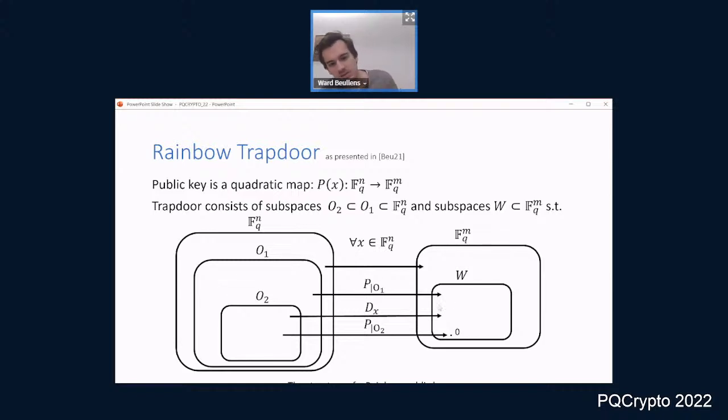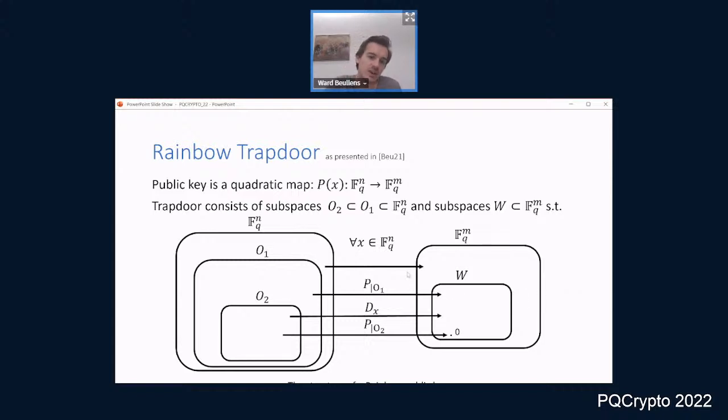The third property is that for any vector X, the differential will send the space O2 to the space W. This sounds a bit ad hoc at the moment, but this is exactly what you need to generalize the signing algorithm from oil and vinegar to Rainbow.